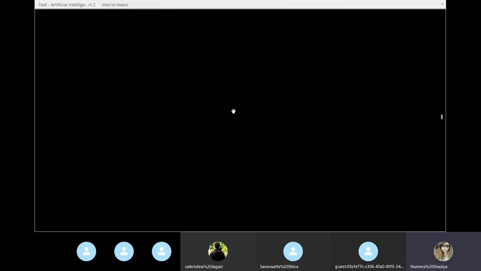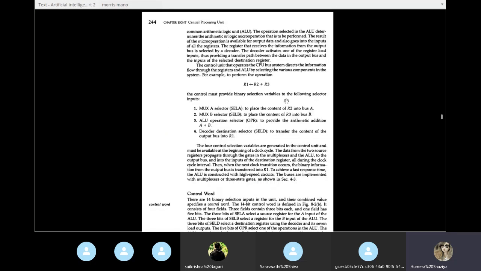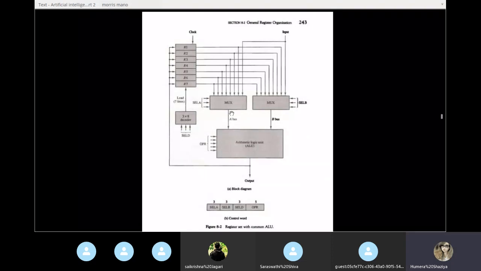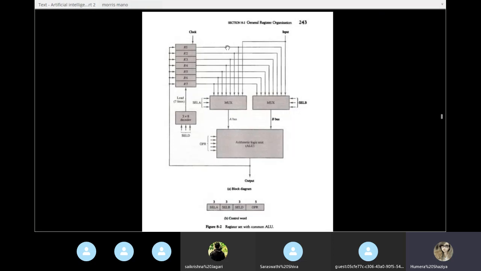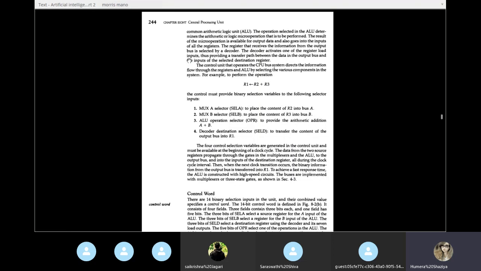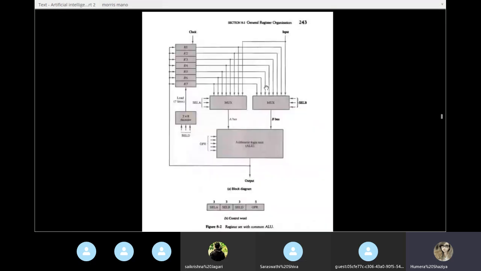It has to choose R2. See, look at here, R2 contents. Here cell A. Then next you see here R3. Second operand is R3. So R3 is given to cell B, mux B, and placed on this bus.